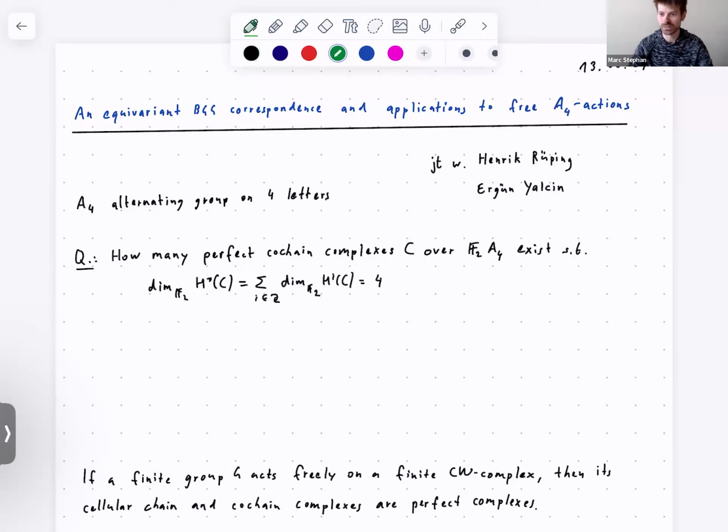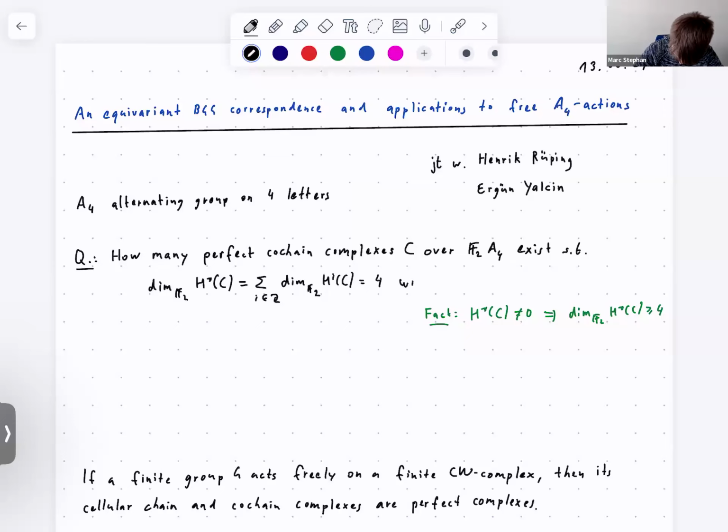And maybe why is this an interesting condition? It turns out that if such a perfect complex has non-zero homology, then it is at least 4-dimensional. So these are the ones with sort of minimal homology. And let's insert more conditions, namely that we should not only be 4-dimensional, but we also want to fix where this homology should lie.